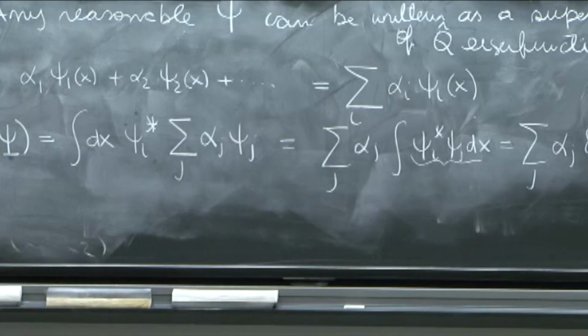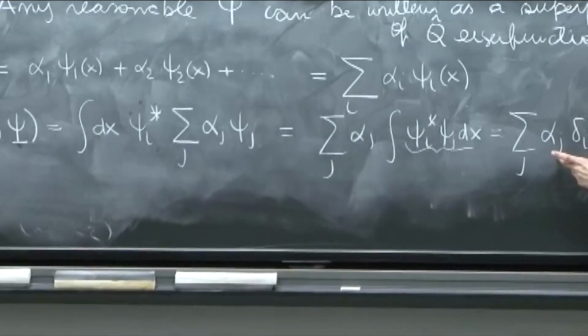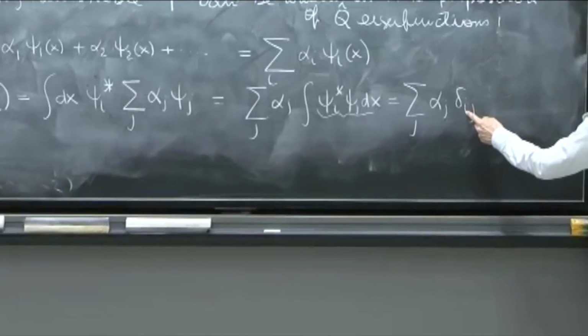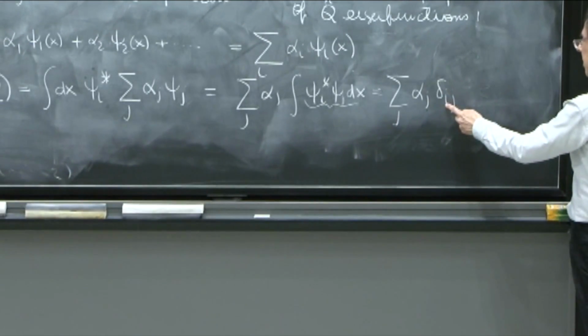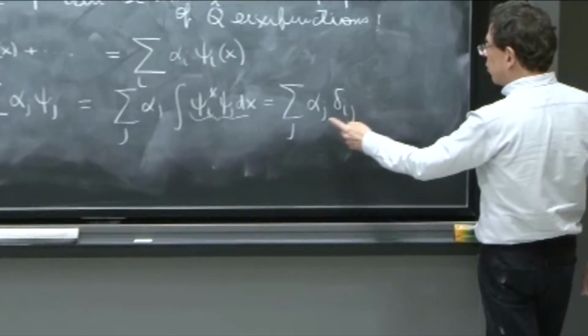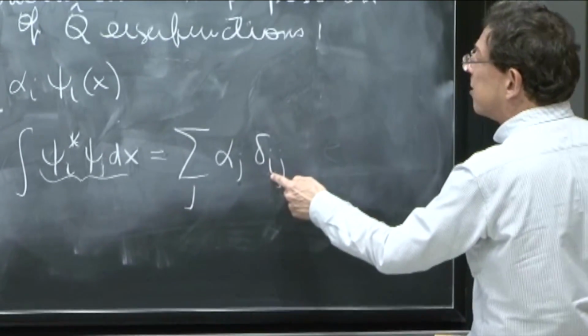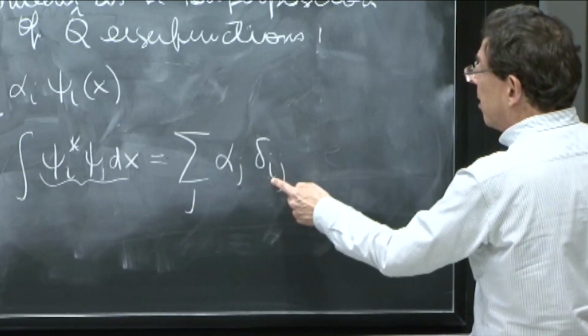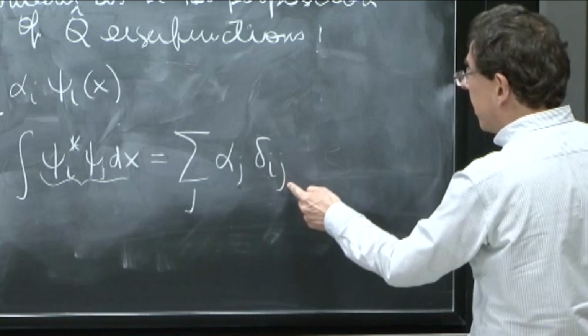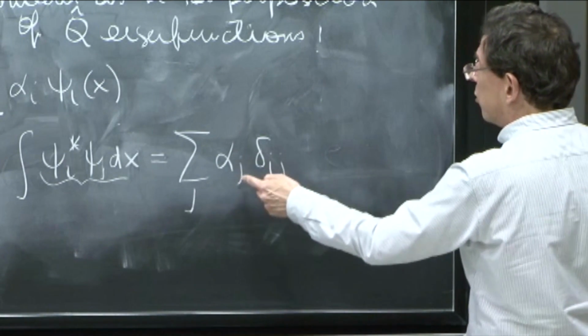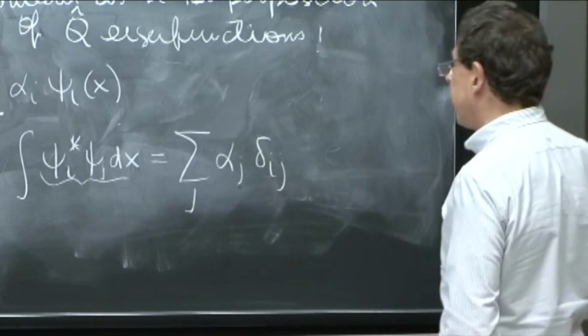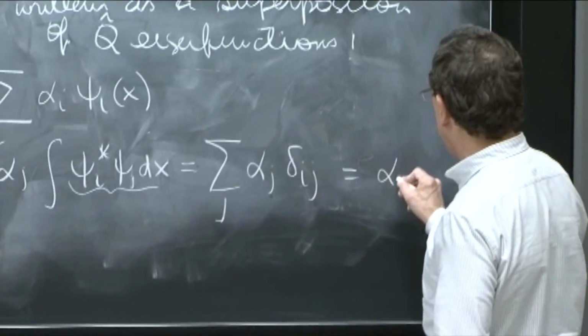Now this is a simple sum. It can always be done. You should just think a second. You're summing over j and i is fixed. The only case when this gives something is when j, that you're summing over, is equal to i, which is a fixed number. Therefore, the only case that survives is j equals i, where this is 1, and therefore this is alpha i.